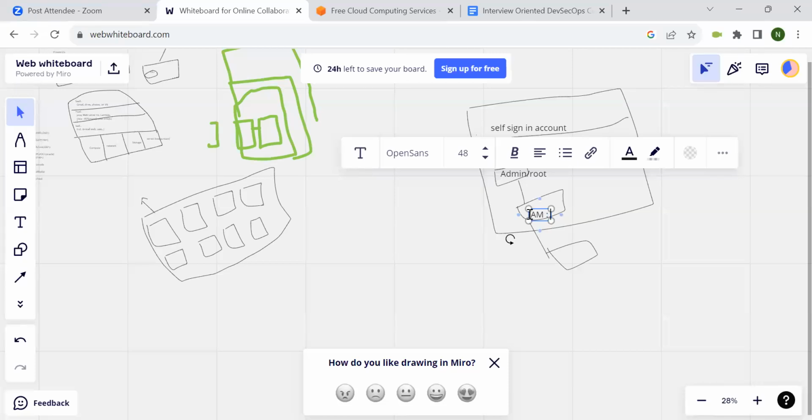Okay, IAM, what does it mean? IAM is Identity and Access Management, one of the services in AWS which deals with authentication and authorization. EC2 is one of the services related to compute power, right? Similarly, IAM is one of the services related to authentication and authorization.